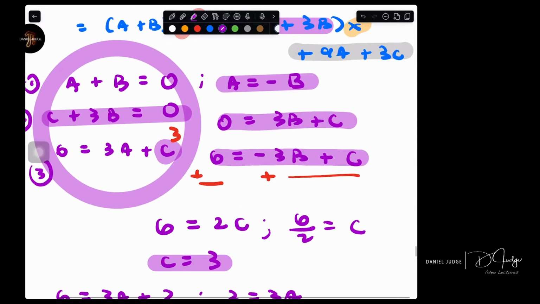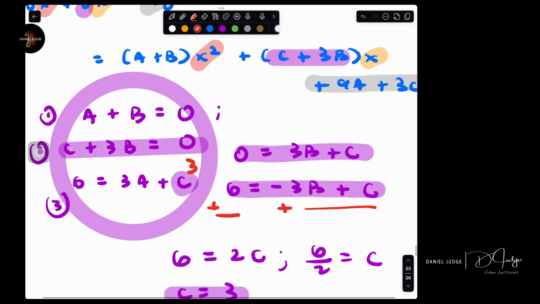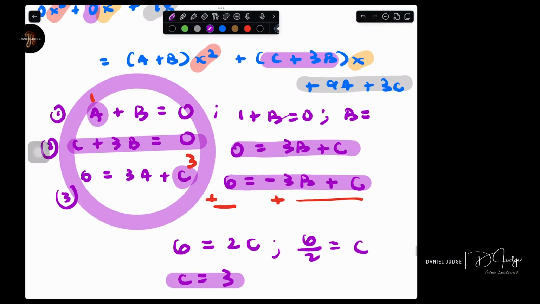Since a is 1, I can go back to this first equation. A is the value 1. I can plug that in. So that means 1 plus b is 0, or b is negative 1.